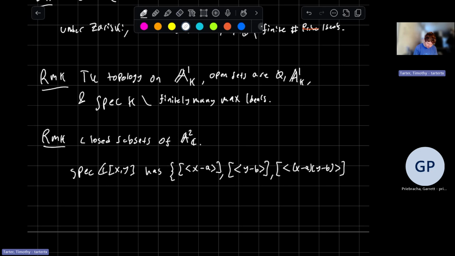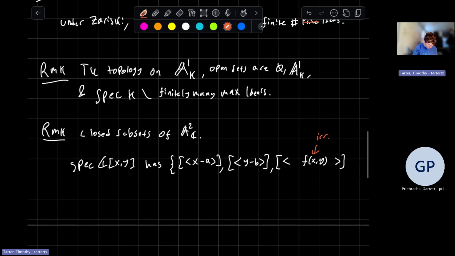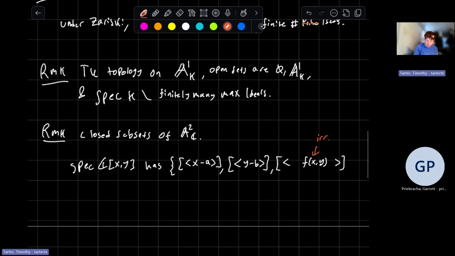I think that's it. And I guess actually what Vakil does is it doesn't have to be quadratic, and so the zero ideal.